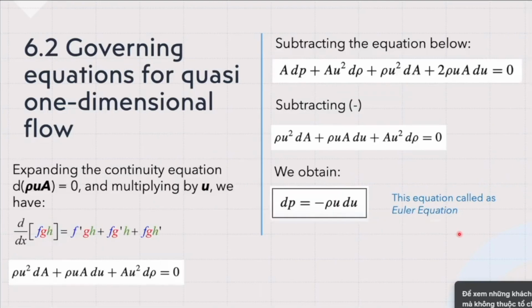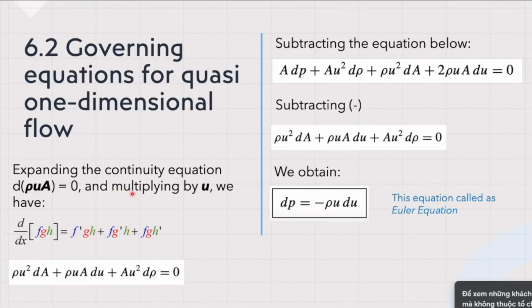All right. Now we want to expand the continuity equation, where the small change in density times velocity times area that we have already shown earlier is equal to 0.